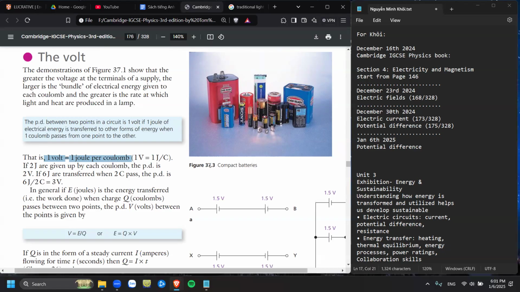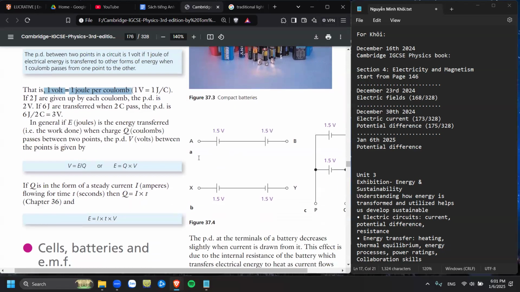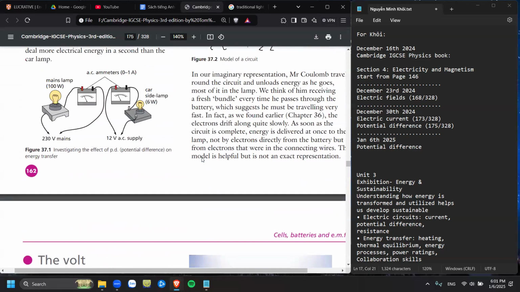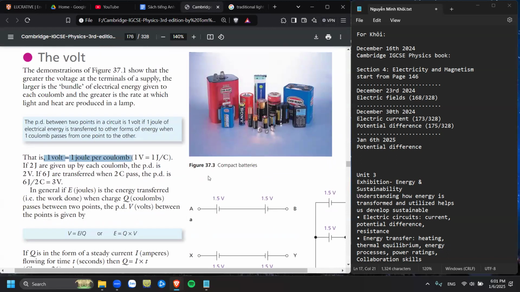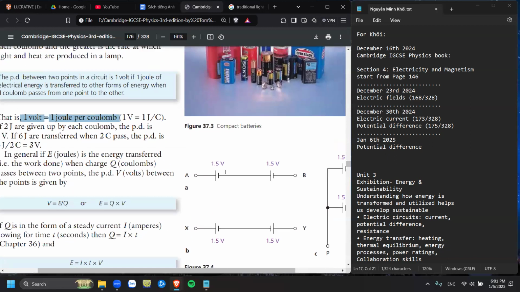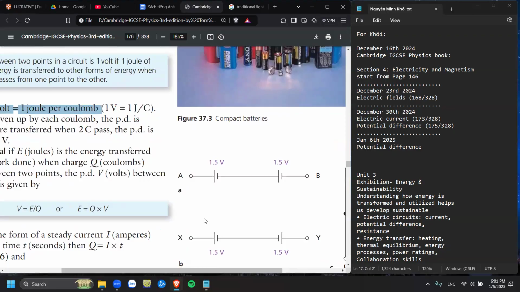Let's just say you have a circuit like this between point A and point B. You have two batteries, so in total the difference between points A and B is 3 volt because they combine together.